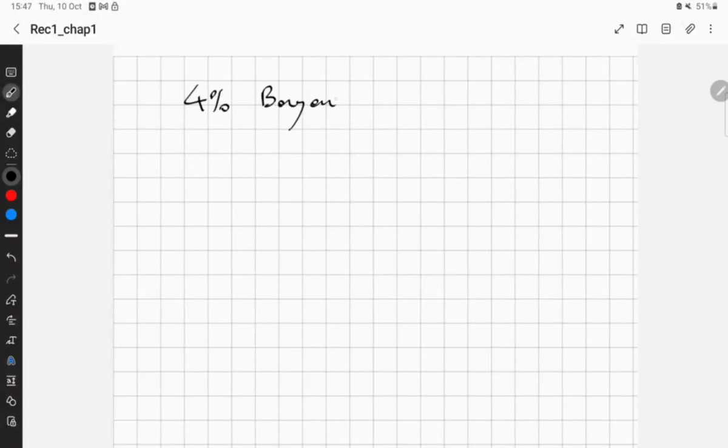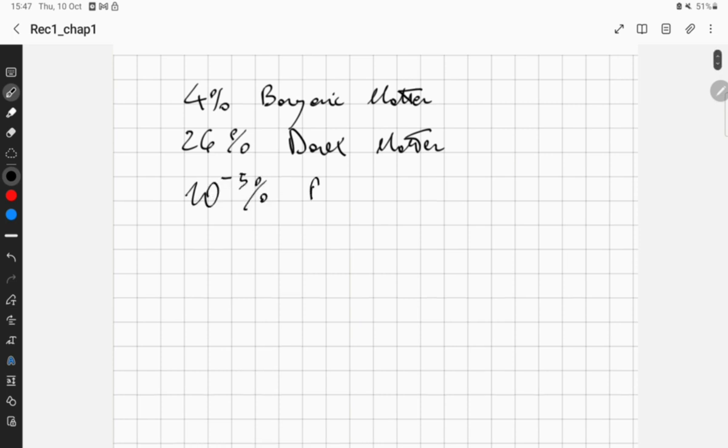So we have 4% of baryonic matter, 26% of dark matter, the actual very, very minor component, which is radiation, which is around 10 to the minus 5%.